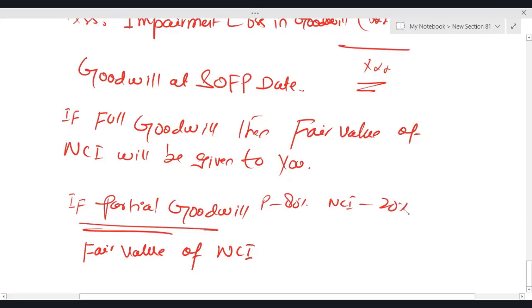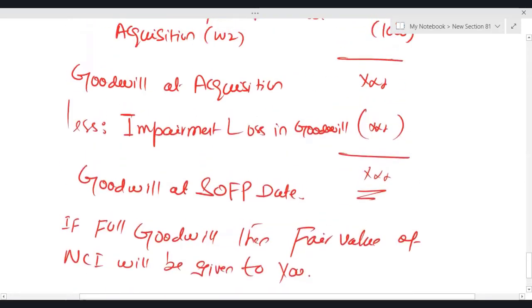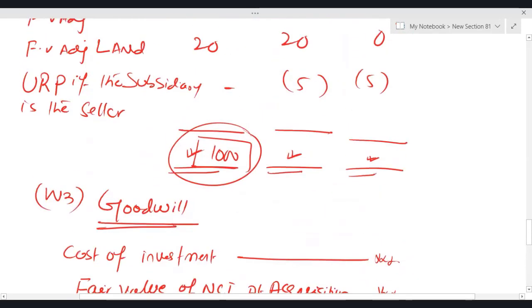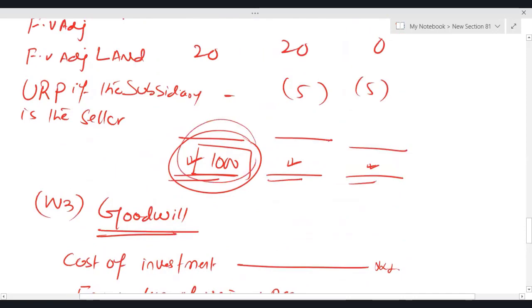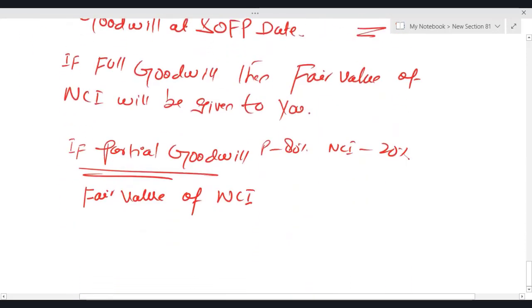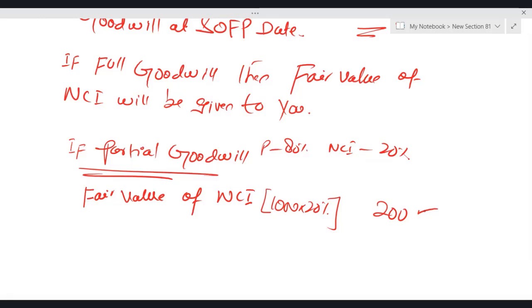Just do one thing. Take the value of net assets at acquisition, which is 1000 over here, into NCI holding. This is how you will calculate fair value NCI if it is a partial goodwill method.